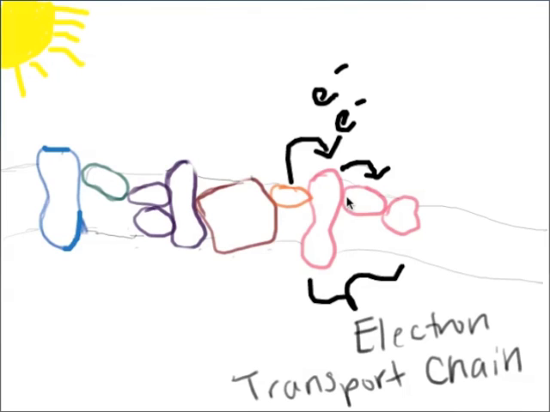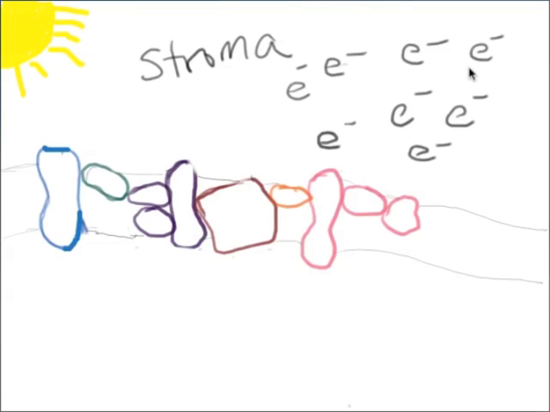And the electrons in photosystem 1, instead of being used to pump hydrogen into the thylakoid, are actually brought to the stroma side of the thylakoid membranes, and the electrons that pass through the electron transport chain are actually donated to the stroma of the chloroplast.